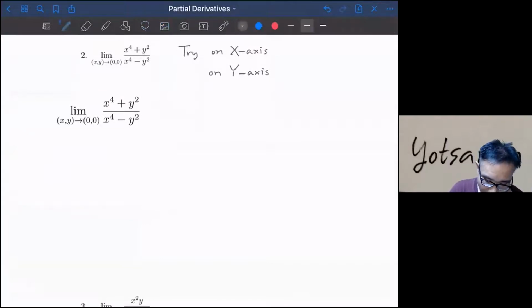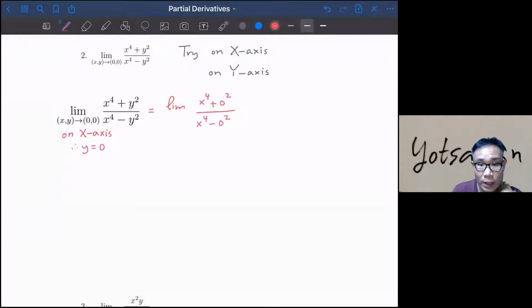Let's do this one on the x-axis. When you are on the x-axis, that means you have y equal to 0. So you get x to the fourth plus 0 squared over x to the fourth minus 0 squared.